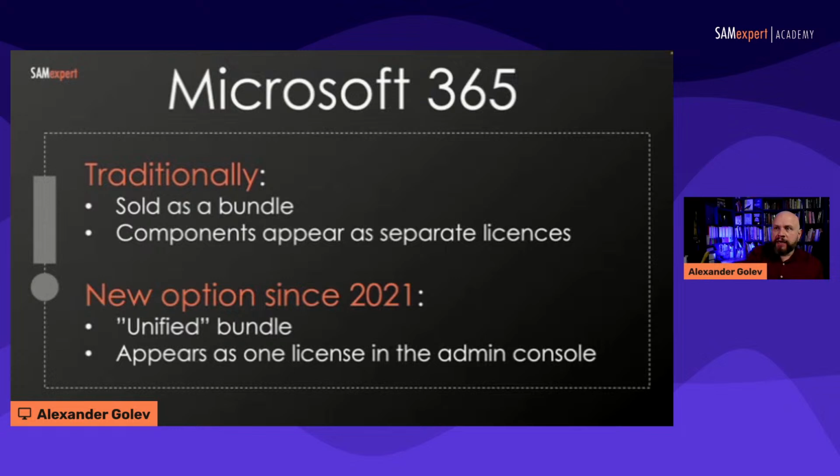In 2021, Microsoft introduced a new SKU, which is called Unified Bundle, which is just one license. It's more convenient to manage those. The only downside to that license is it's very difficult to understand whether instead of a bundle, you would be better off with single components.